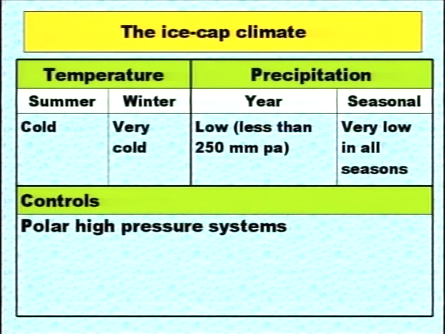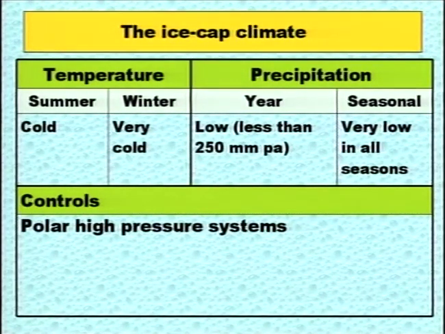Very low precipitation in all seasons. And note also the control would be the polar high pressure system, which is created as a result of very cold temperatures. And that would be the main control for this type of climate. I'll give you time to make note of the summary.